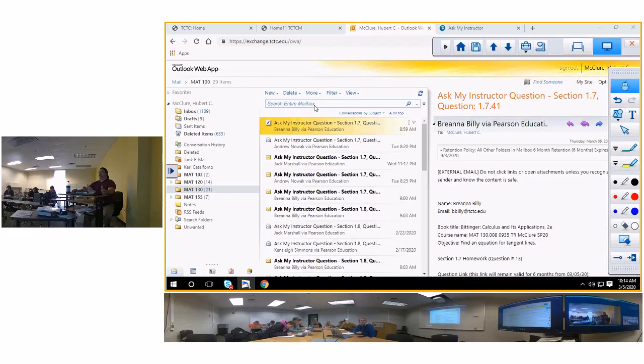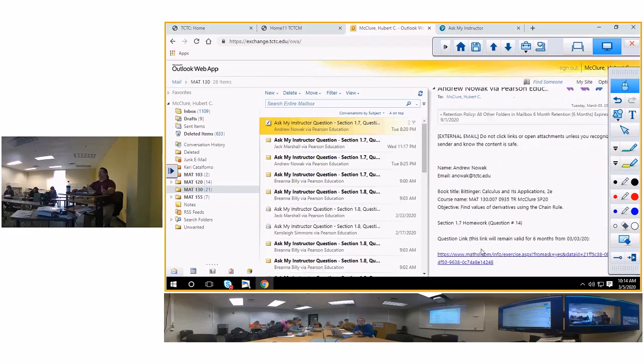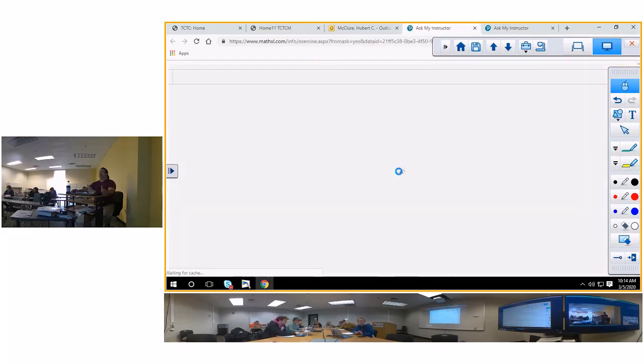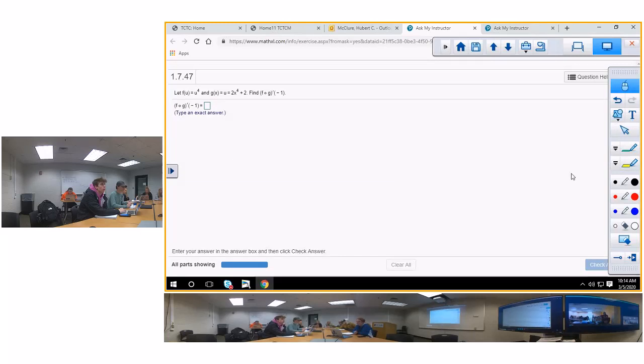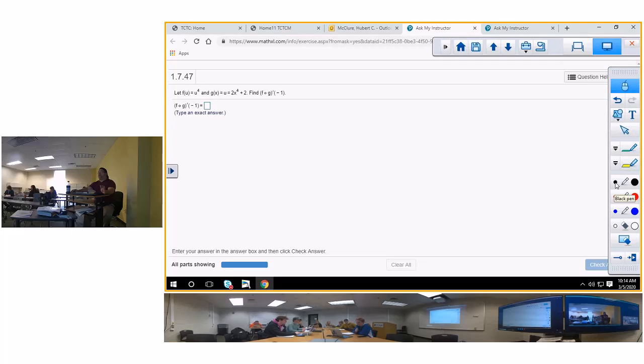This is number 47/14. Okay, another substitution. You can do it two different ways. I'm going to do it the simple way. All right, f of u is equal to u to the fourth, and g of x is equal to blah, blah, blah. Find f composed of g. Well, what is f?